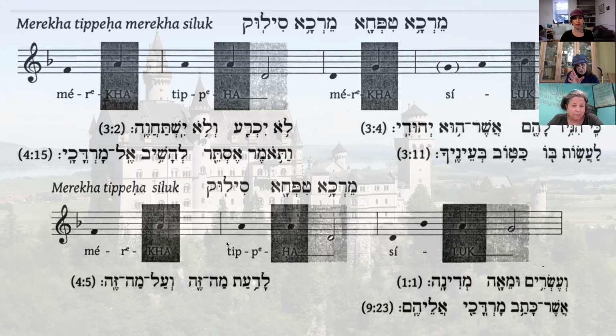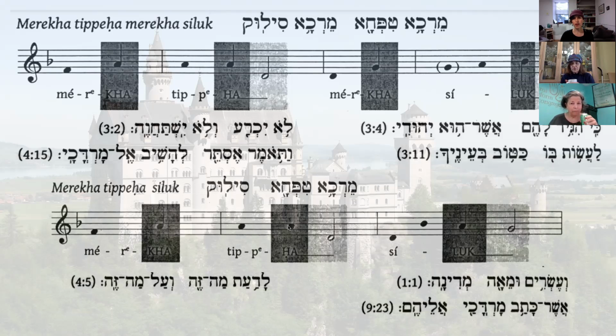Now those dark colored, is that where you want to spend most of your time? I'll explain the differentiated shading. Where there's no shading, those are unaccented syllables, or so-called pickup syllables. The darkest is the accented syllable.